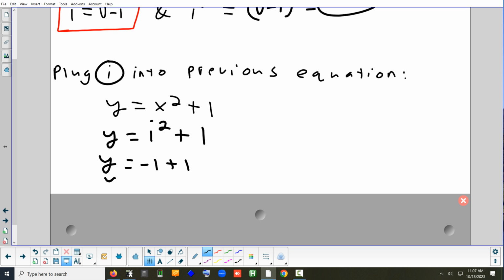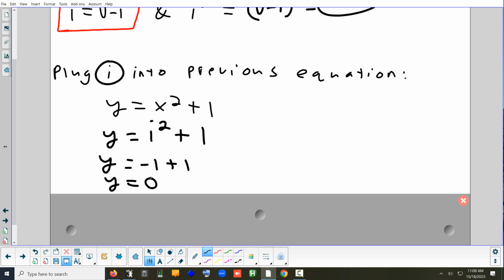So that equals 0. When you plug in i, you get 0. What does that mean that i is? It's a 0. i is a 0, or we could also say i is a root. Is i an x-intercept? No. That doesn't apply when you talk about imaginaries. It does when you talk about real.